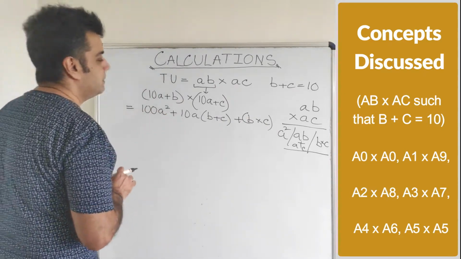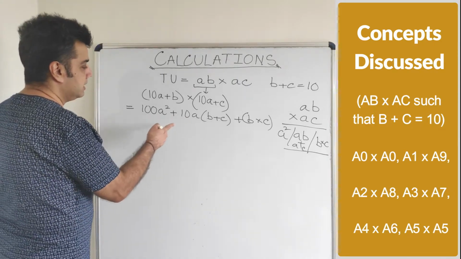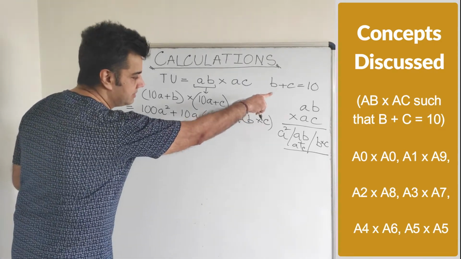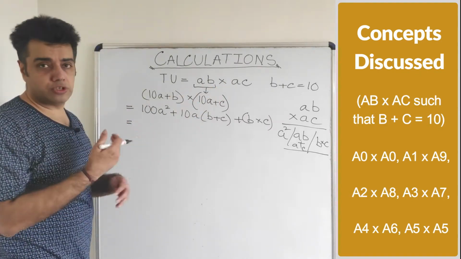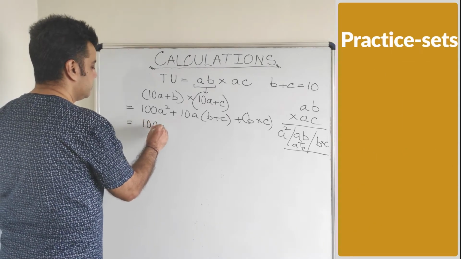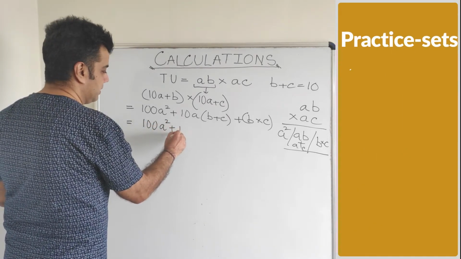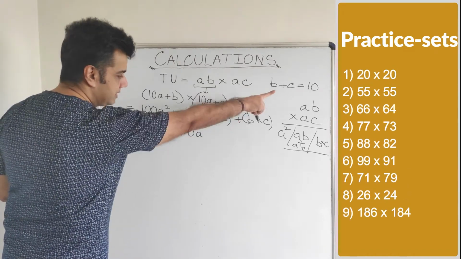We will take some examples here. But before I take examples, all we need to understand is that if B plus C is equal to 10, which I have already taken because this is a session on special multiplications, this becomes 100A square plus 100A times, since B plus C is already 10.